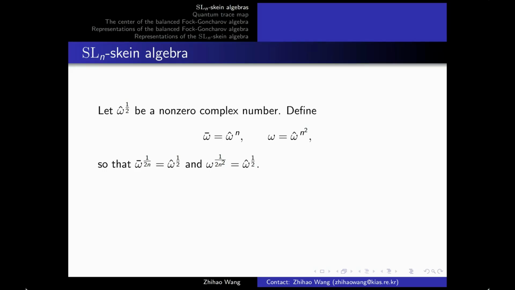So let omega hat be a non-zero complex number, and we define omega bar to be omega hat to the power of n, and omega to be omega hat to the power of n squared. And also we have these two notations or two conventions.